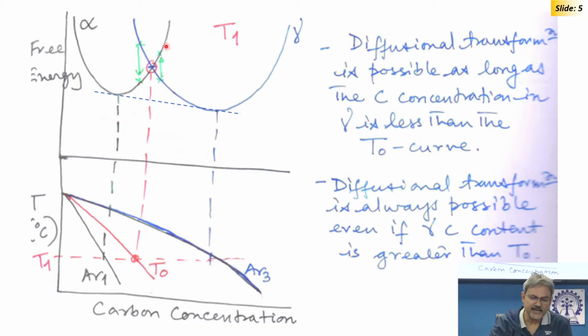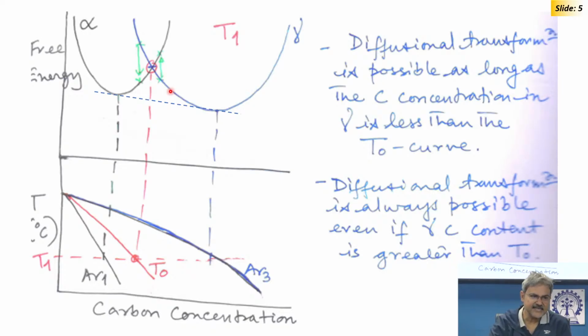Now, if you are working with any average composition in the middle, what are the choices with you? Suppose you are somewhere here in austenite, this is your average composition, and I am coming down through this line. What is the choice left with you? That is the question. What would be the transformation?